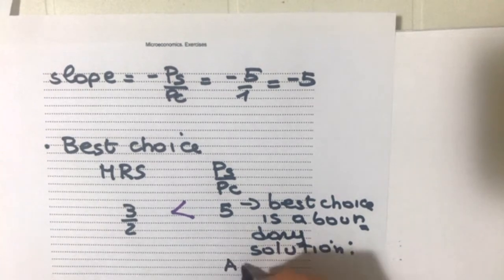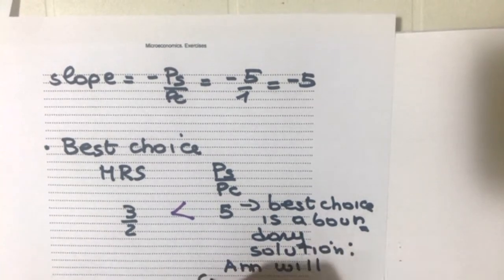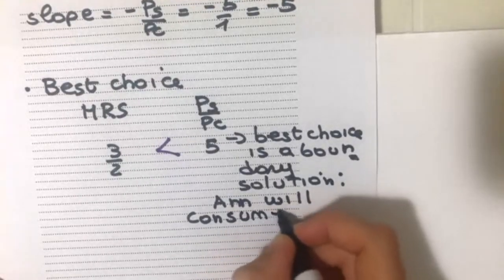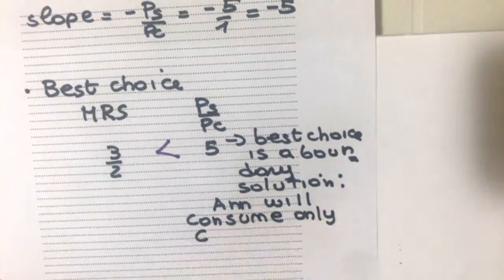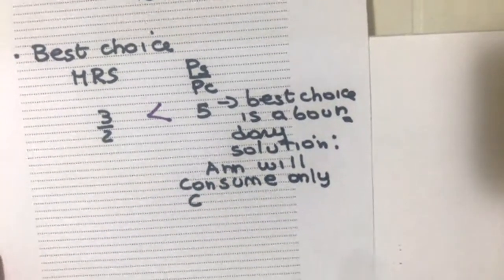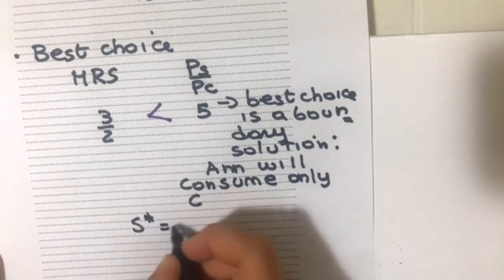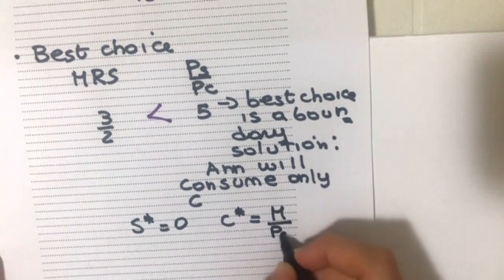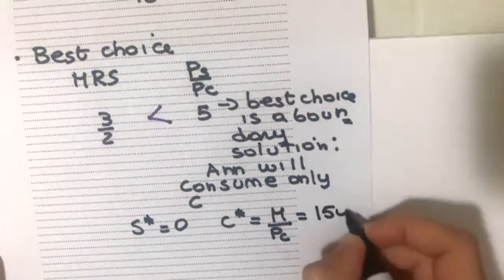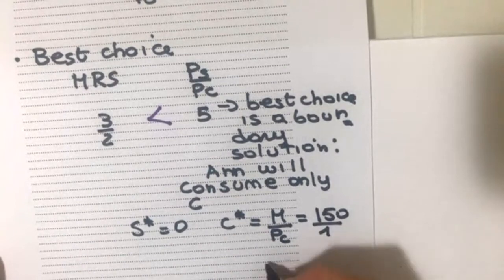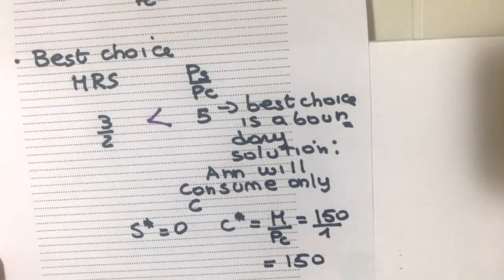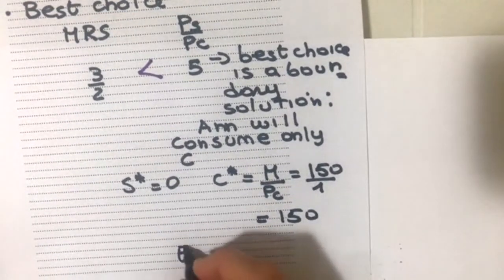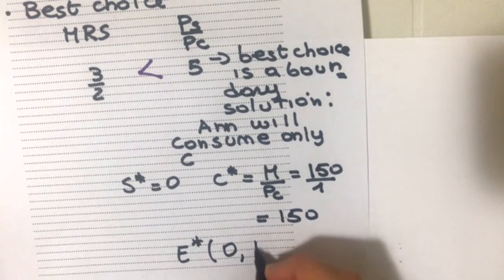So N will consume only C. This optimal bundle is given by S star equal to 0 and C star equal to all the money that she has over the price. So in our case, 150 over 1, so 150. So the optimal bundle finally is E star 0, 150.